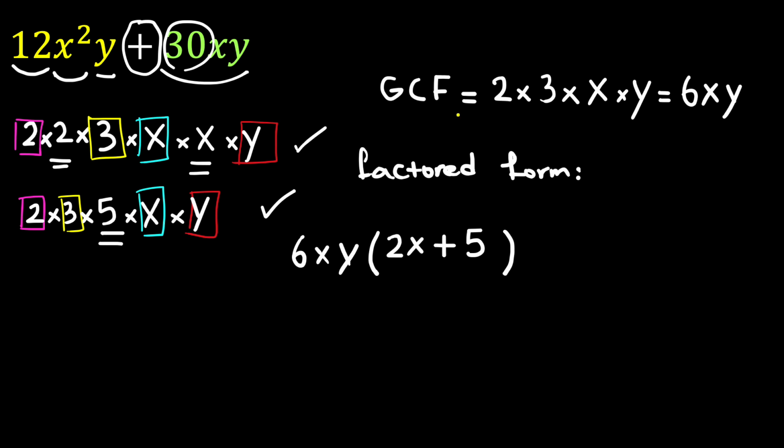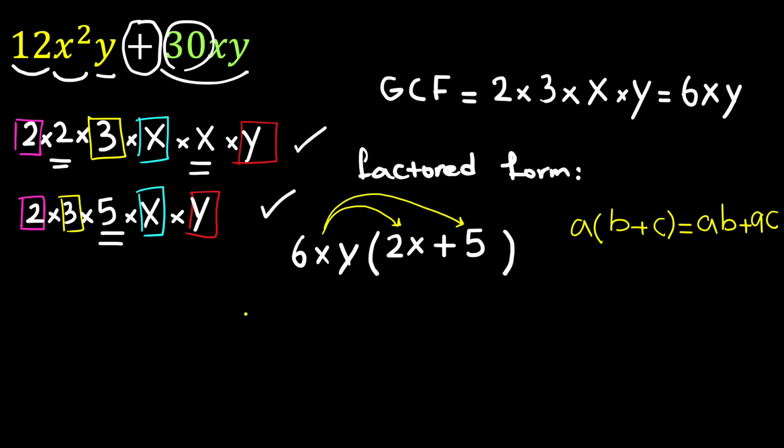Notice that you can verify the correctness of your factored form by using the distributive property. The distributive property states that a, open parentheses, b plus c, close parentheses, equals ab plus ac. So to verify, I multiply 6xy first by 2x and then 6xy by 5.